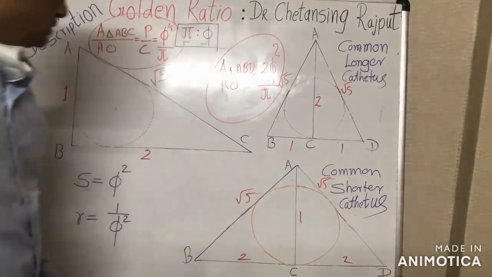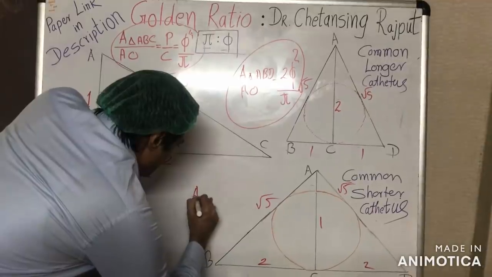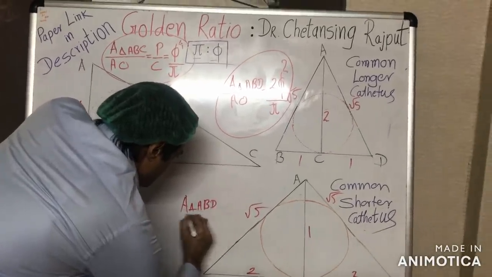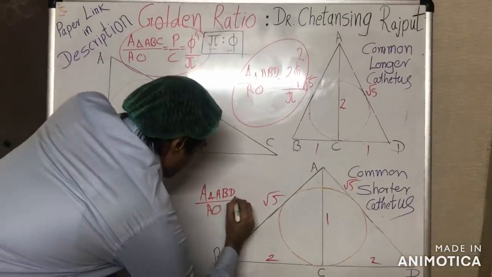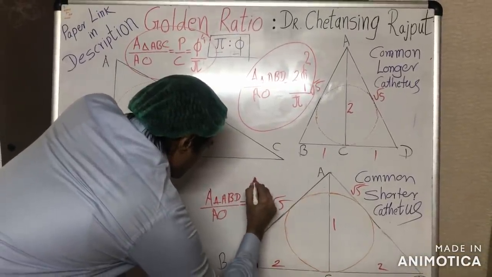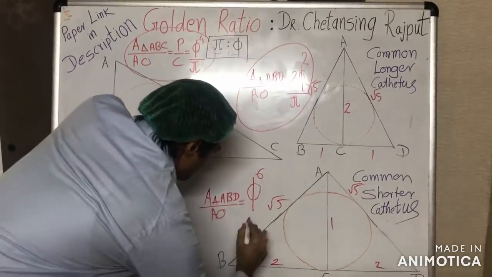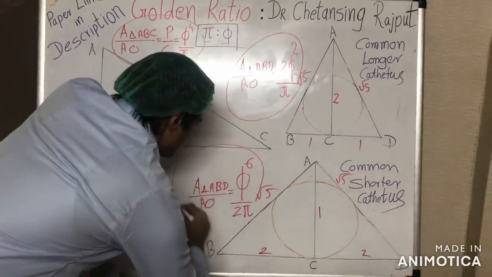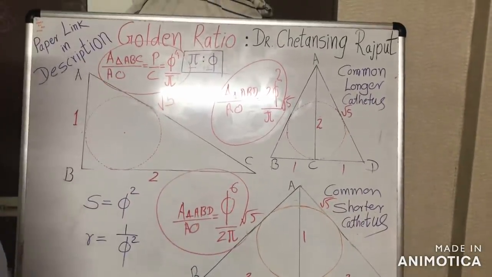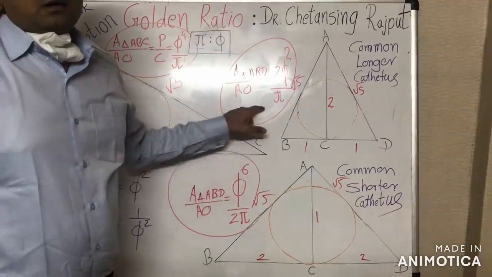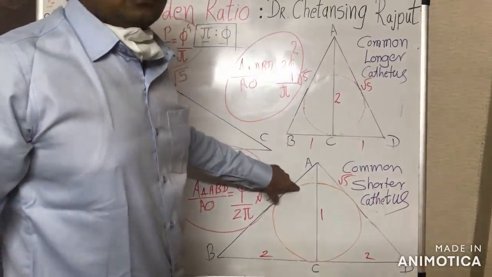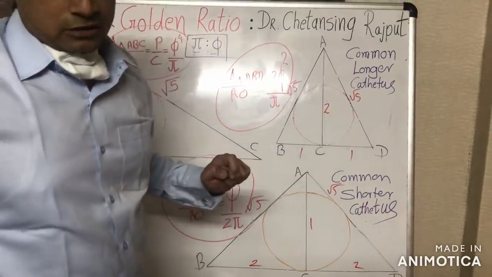In this case, the ratio between the area of triangle ABD upon the area of its incircle is precisely equal to the 6th power of golden ratio upon twice the value of pi. Extremely precise correlations. And same are the relations between the perimeter of these triangles and the circumference of their incircles.